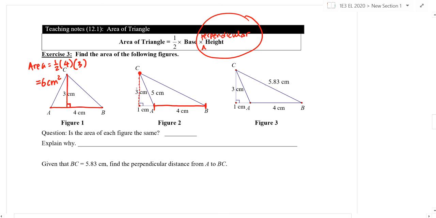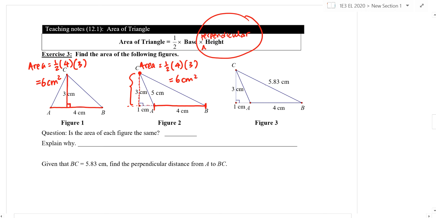So in this case, we have to extend the line of AB. So this is our perpendicular height of 3 centimeters. The area is half times the base AB of 4 centimeters times the perpendicular height 3 centimeters. Again, we get 6 square centimeters.